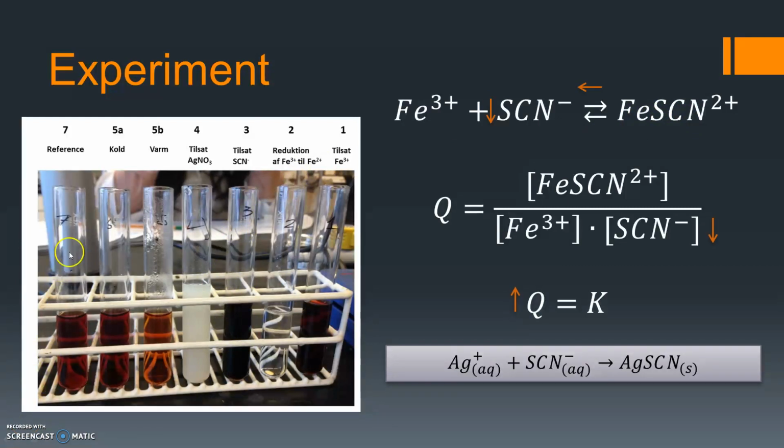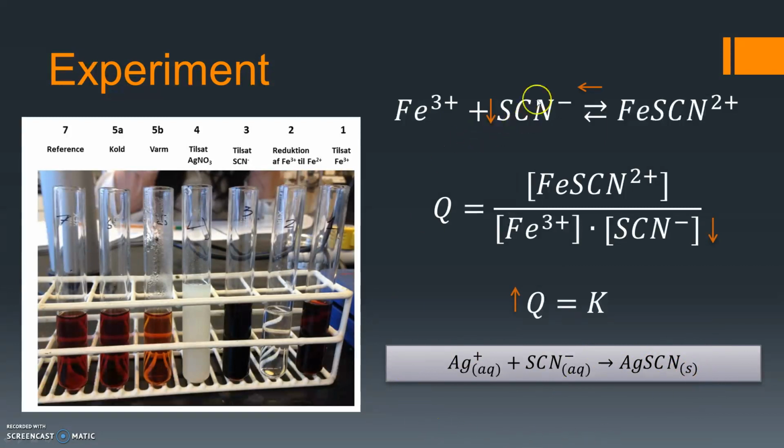Okay, to the next test tube 4, we added some silver nitrate to the solution, which split up into silver ions and nitrate ions. And the silver ions reacted with the thiocyanate ions and created silver thiocyanate in the solid state.